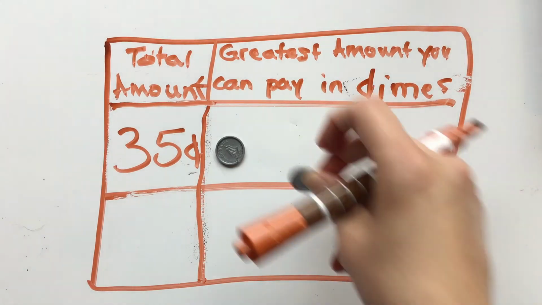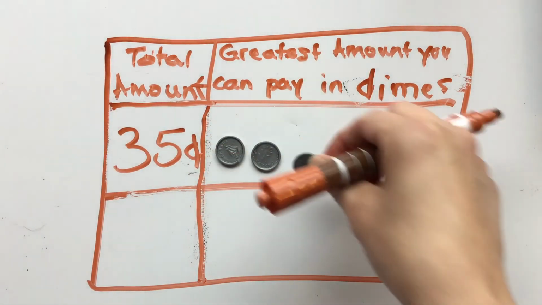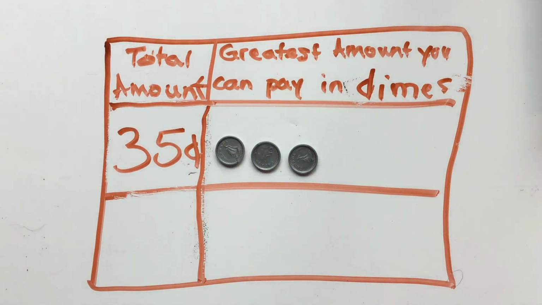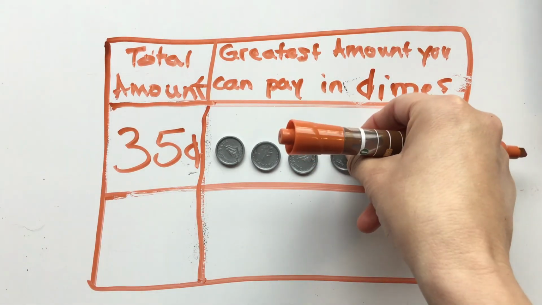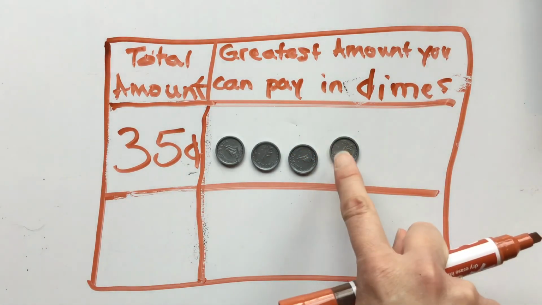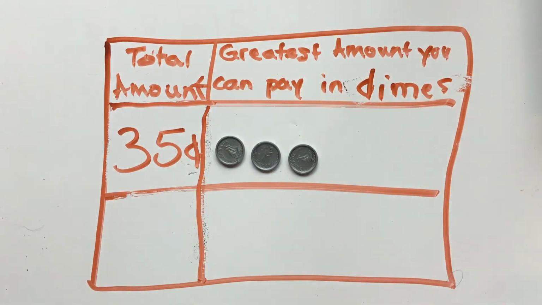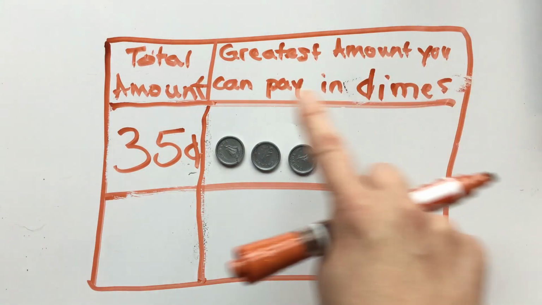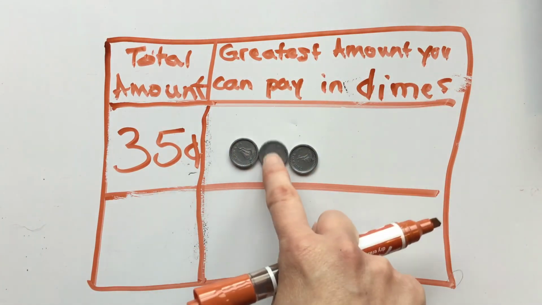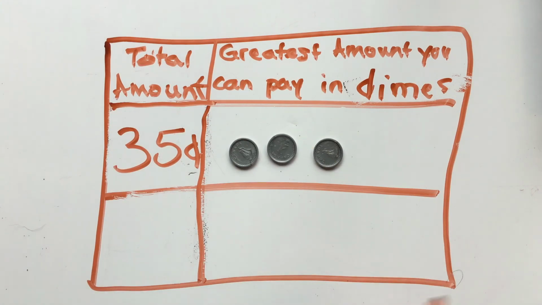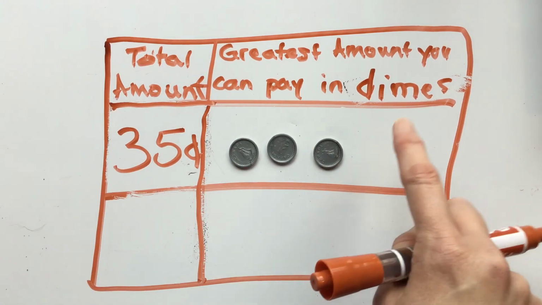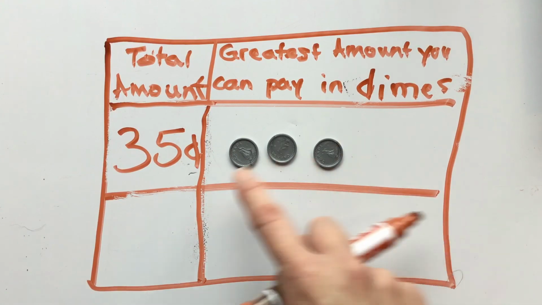I'm still below 35. 20. 30. Am I still below 35? Yes. 40. Uh-oh. Can I include this one? Nope, it's too high. The greatest amount I can pay in dimes is 30 cents. Okay? Then I would have to add a coin that is less than a dime to make my total.